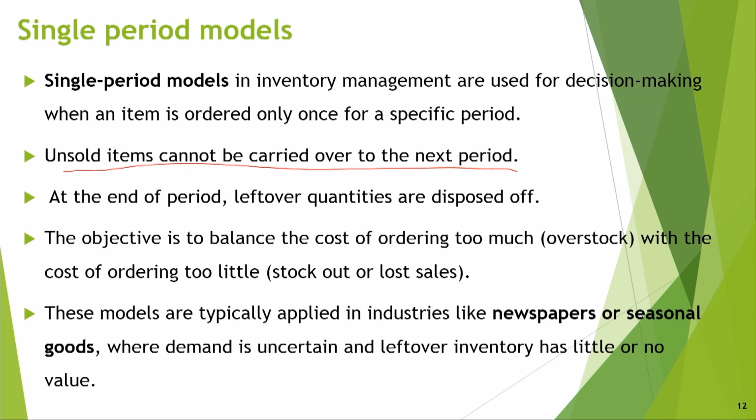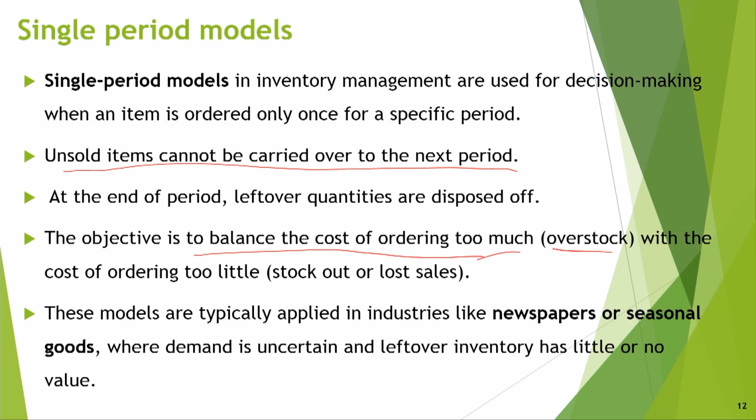So here the objective is, not precisely balancing between holding cost and ordering cost, rather we say the objective is to balance the cost of ordering too much against ordering too little.